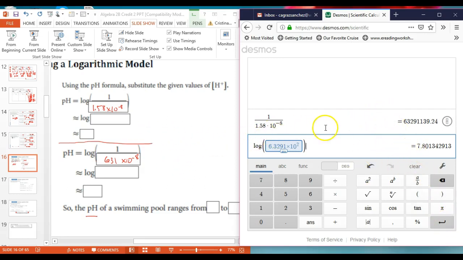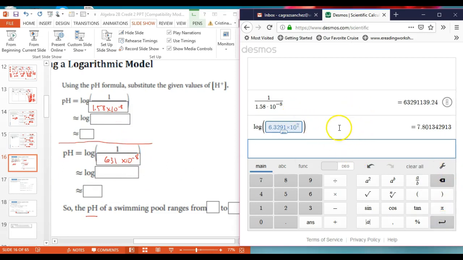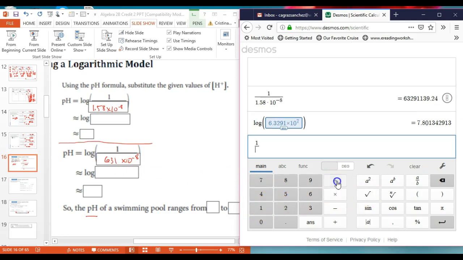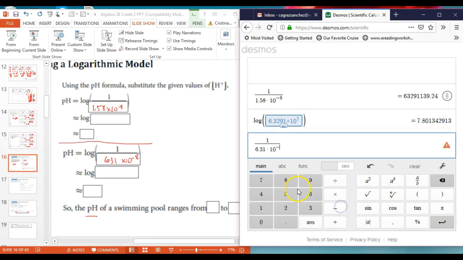Like I said, I wanted to keep all of our calculations for this part and this part, so we're going to press enter and keep that there so we can record them later. And we're going to type in 1 divided by 6.31 times 10 to the negative 8 power.